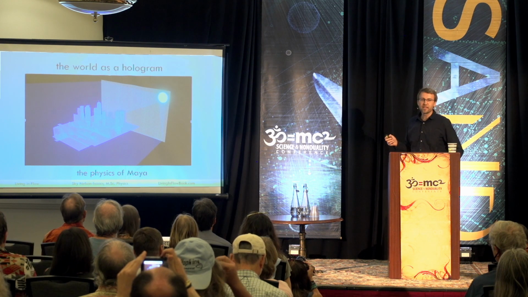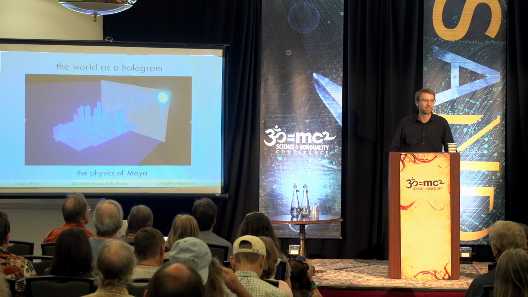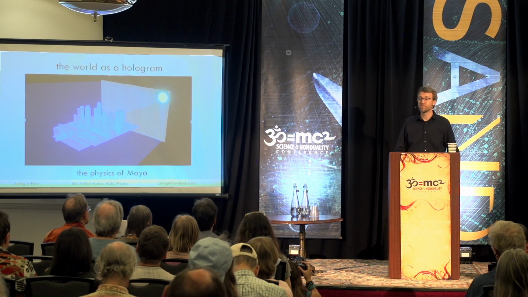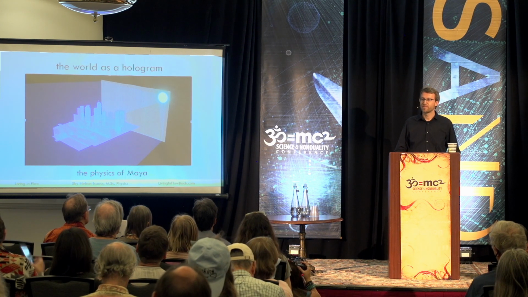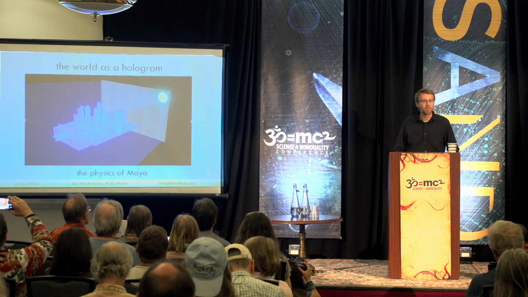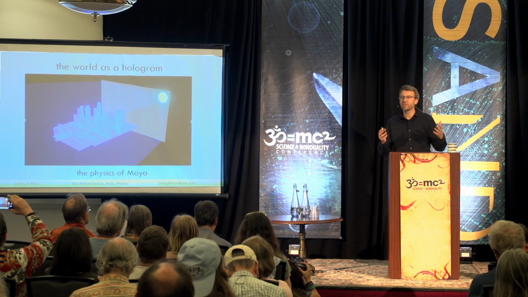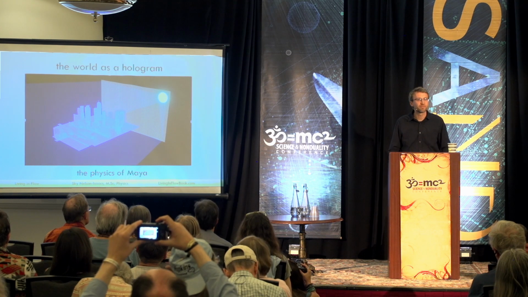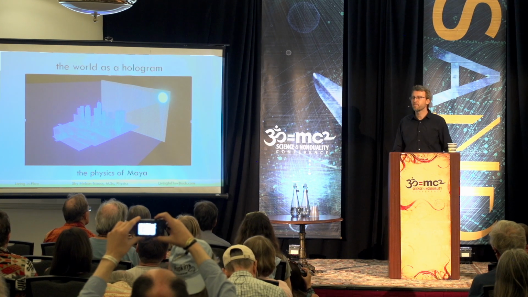So I'm going to loosely tie this into the physics of Maya. Maya is the Sanskrit term for the world as illusion. And I'm going to tie this into synchronicity, because a synchronicity is an event which appears in your life out of the blue. A minute ago, was it bound to happen? Can we say?